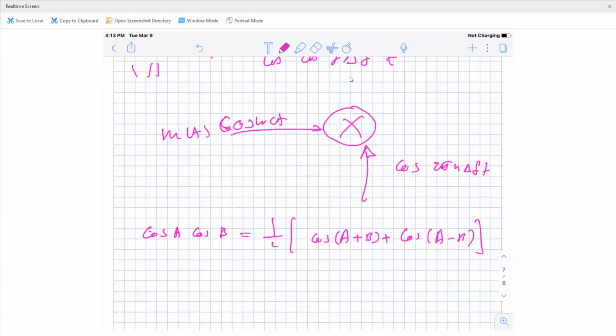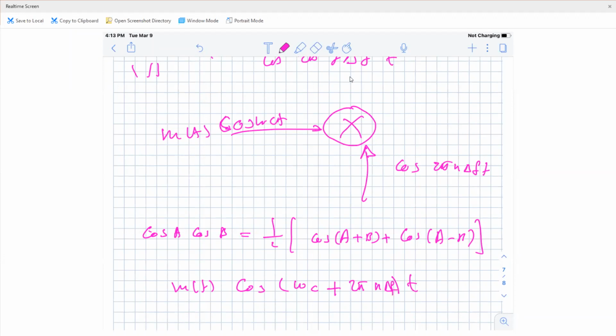Okay, so what we have at that time, the output of this one, after filtering, based on the code, the carrier signal becomes m of t cosine of omega c plus 2 pi n delta f t.